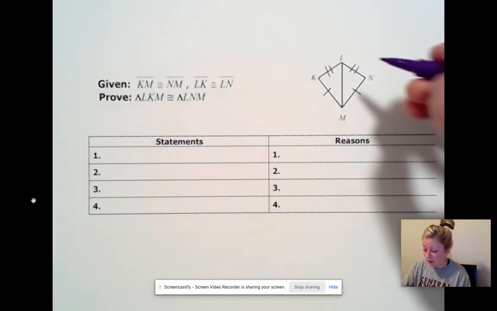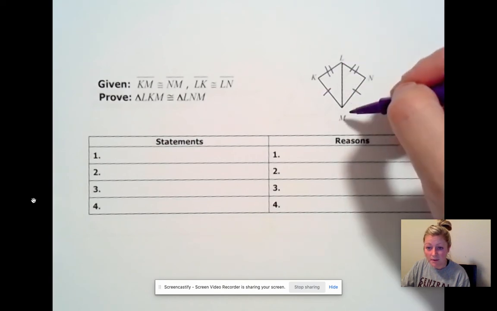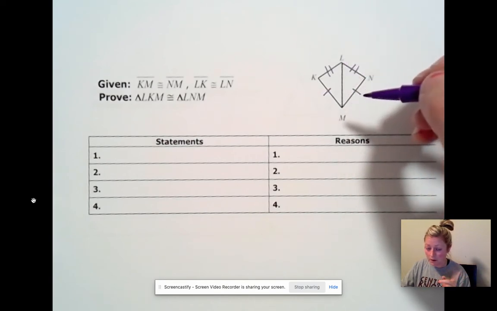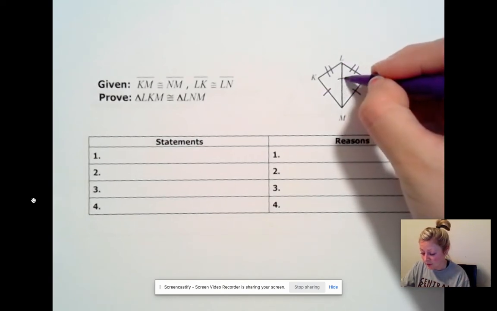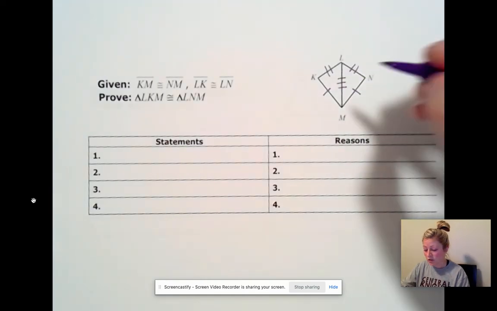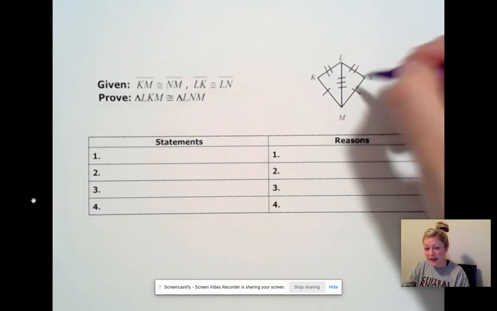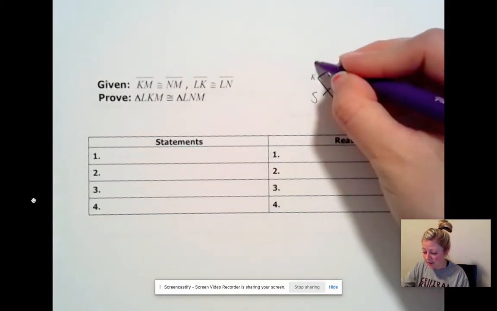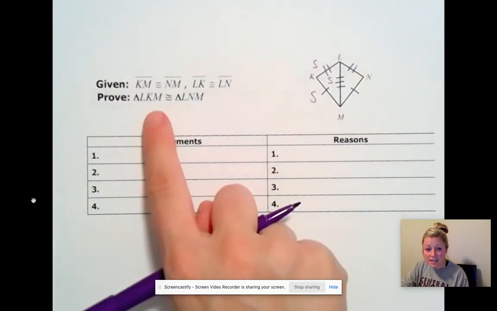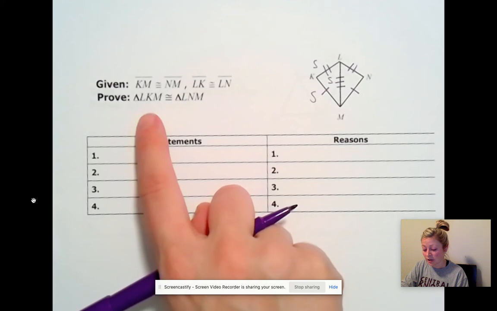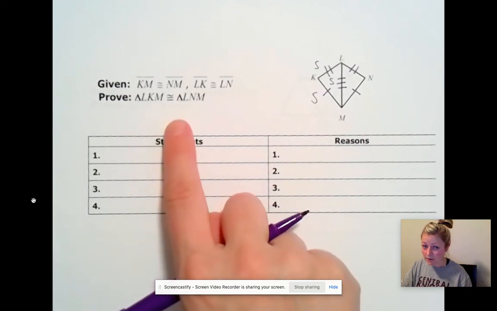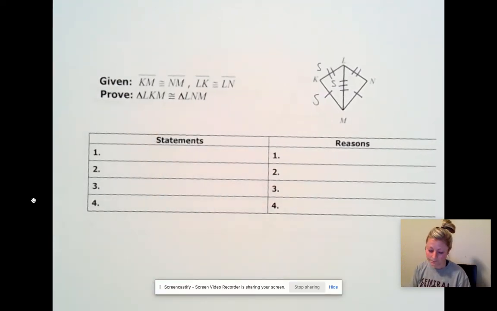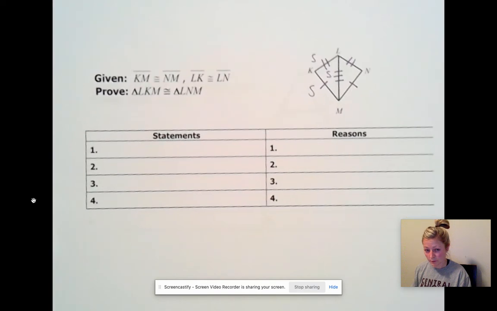And we do, right? Do you guys also notice that LM is in both triangles here? So I can put 3 tick marks to show that LM is in both the left and the right triangle. So now, based on this, I have side, side, side, which is enough information to prove that triangle LKM is congruent to triangle LNM. Let's see how this works, okay?